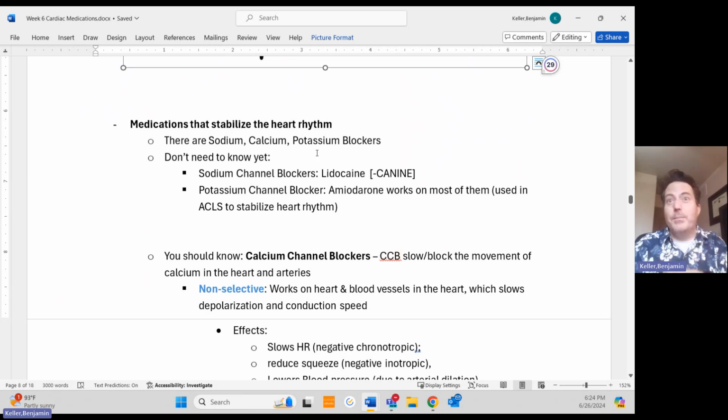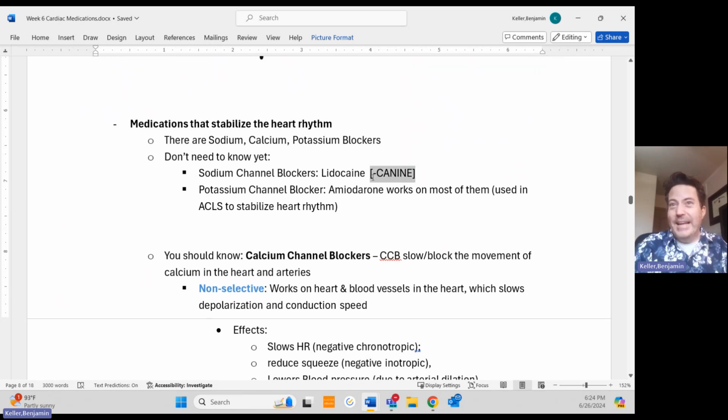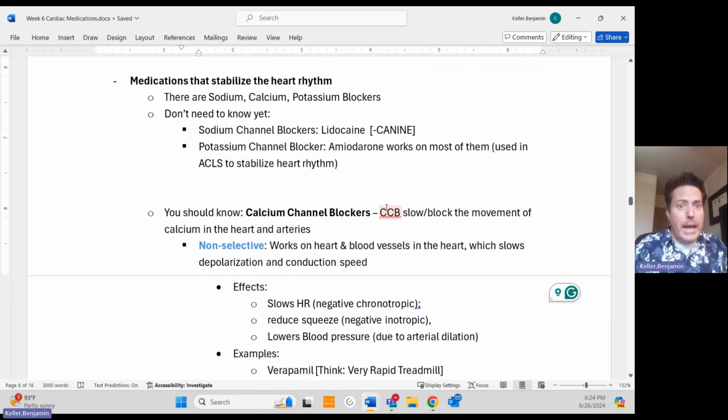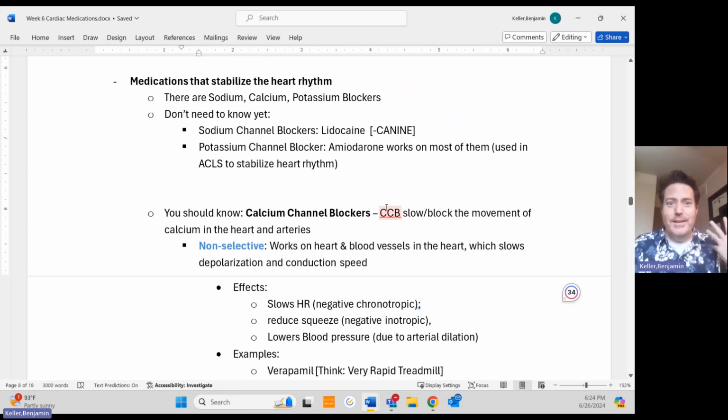But anyway, here are medications that stabilize the heart rhythm. Here are sodium, calcium, and potassium blockers. You don't need to know the sodium channel blockers or the potassium channel blockers. I didn't see them in the stuff that Professor Bayes wanted you to know for your exam. Sodium channel blockers, though, are like lidocaine and the "caine" drugs, like benzocaine. They work the same way. They block sodium. That's why you can't feel things like Novocaine when you go to the dentist.